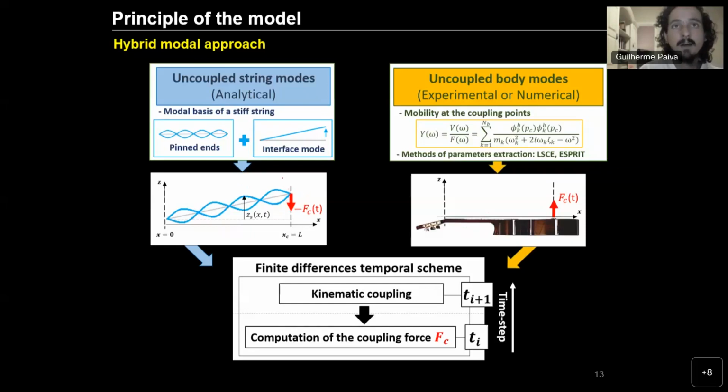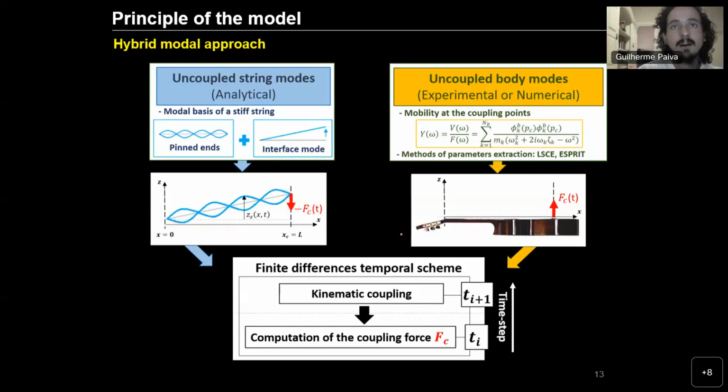So we have a pair of action and reaction forces, represented here by the vector Fc in time. And this vector is unknown, okay? We don't know the value of this vector in the initial stage. So we use a finite difference temporal scheme to compute this coupling force.